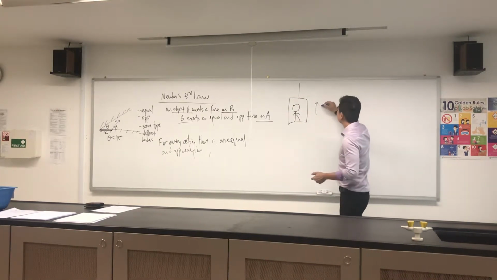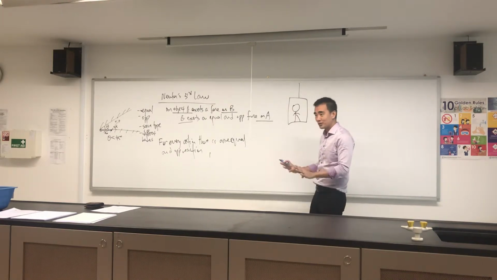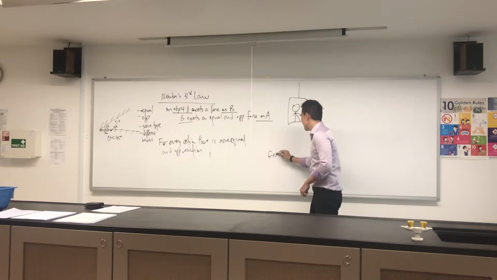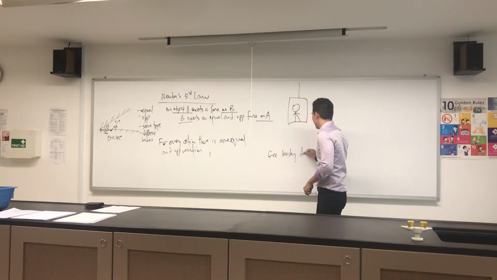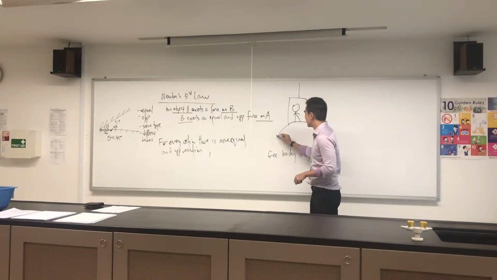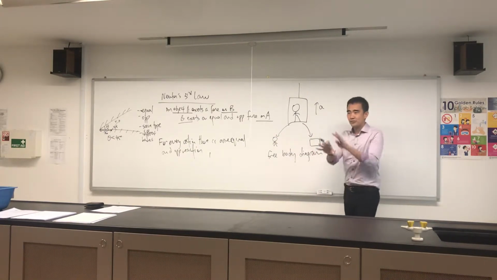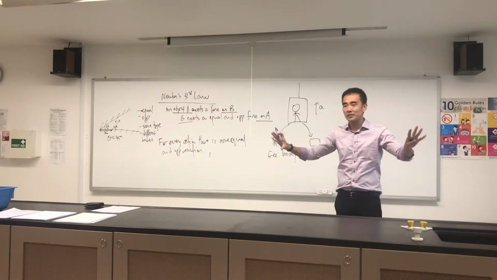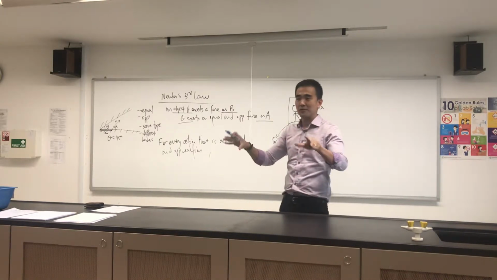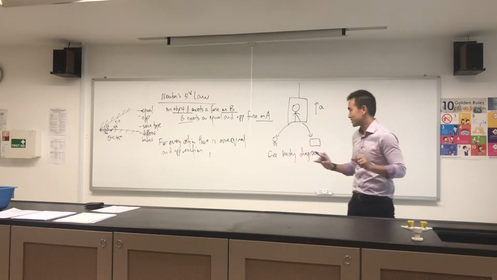What I'm going to do right now is called a free body diagram. There is nothing rocket science about this. This is just drawing the forces on the person and the force on the lift. Literally you free the bodies from each other so that there's greater clarity on the forces acting on each body.